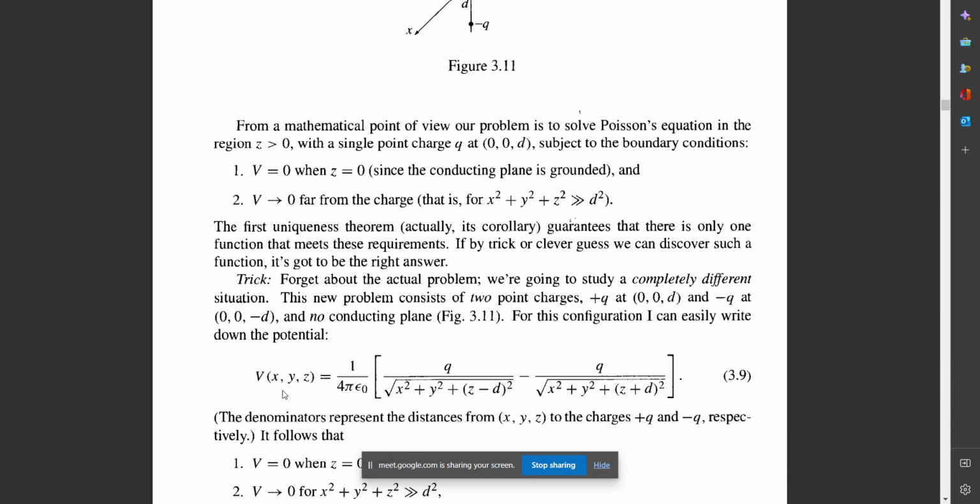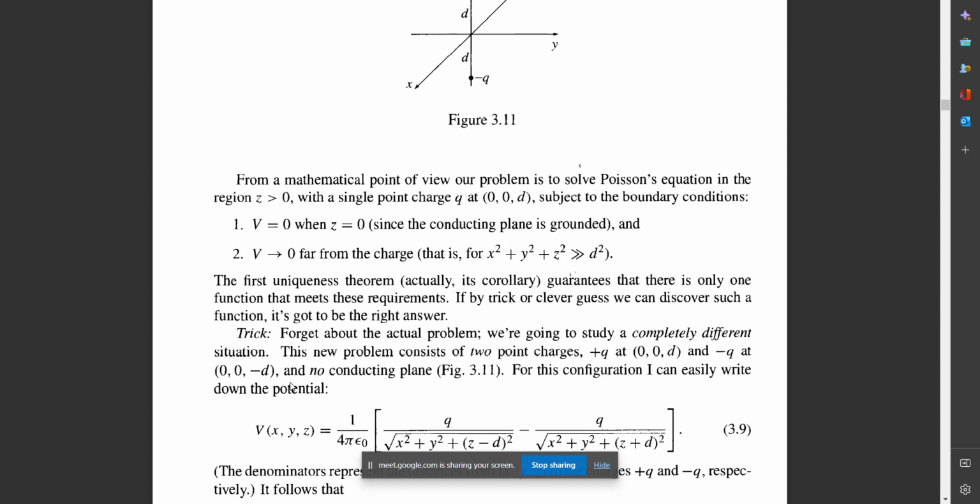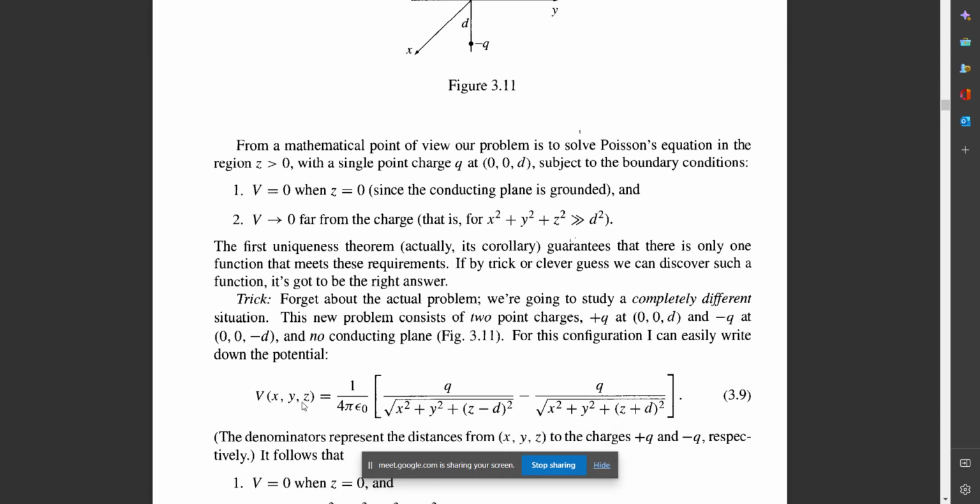So the total voltage V of x comma y comma z will be 1 upon 4 pi epsilon naught.